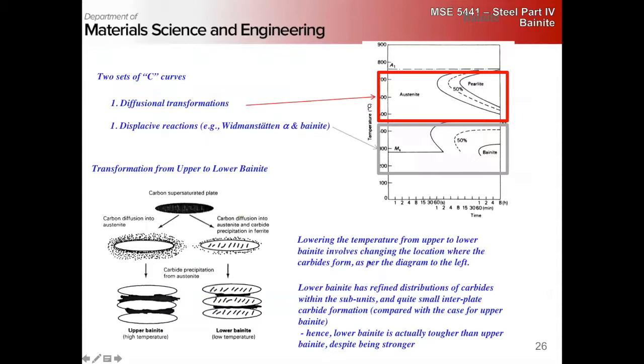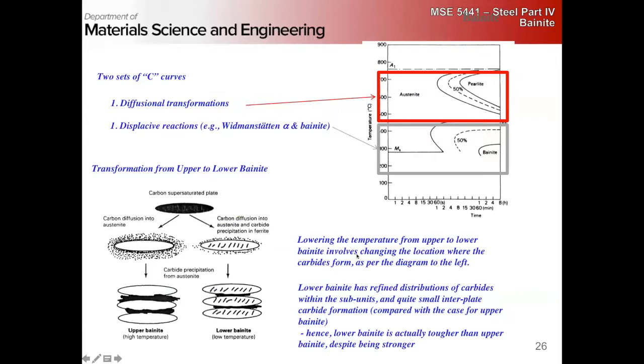If we lower the transformation temperature, right, we can transform from upper to lower bainite, right? So if we're continuously cooling, we can start by growing upper bainite, and then as we go down, we'll transition to lower bainite with these particles.